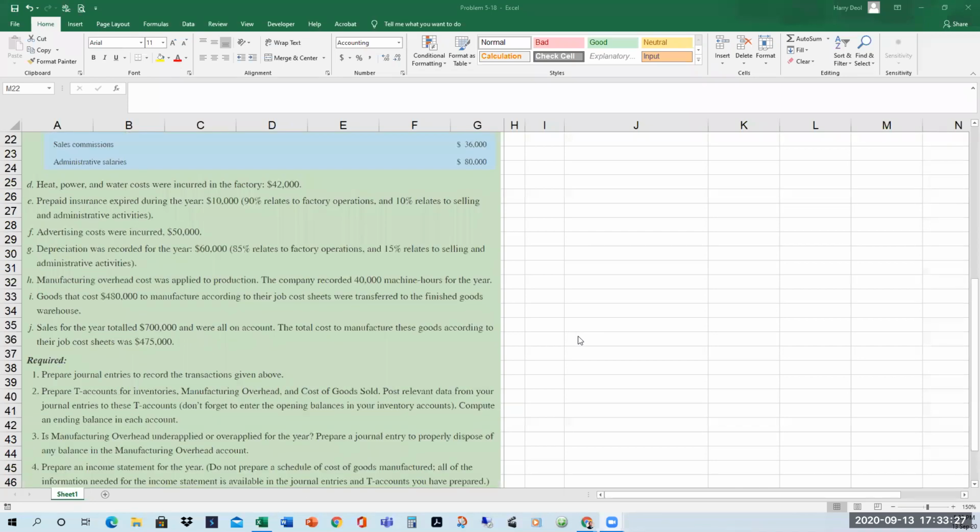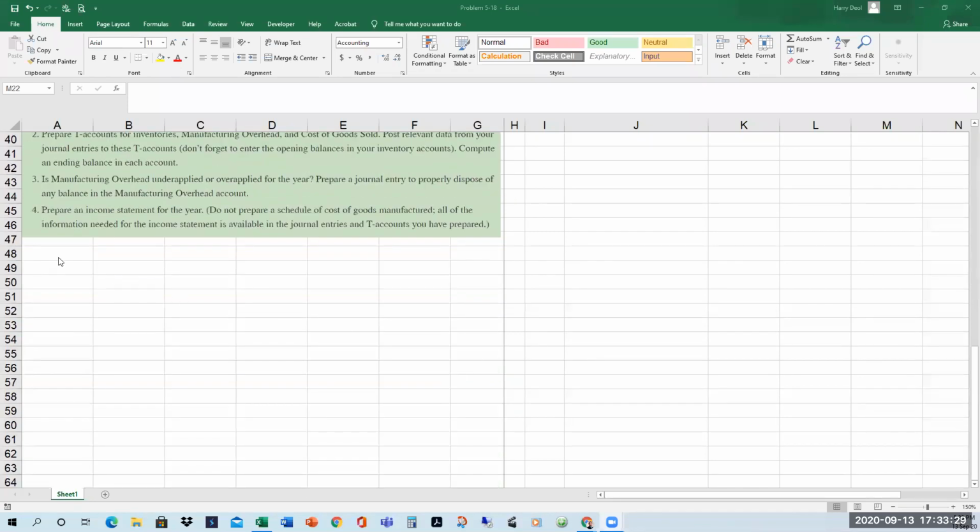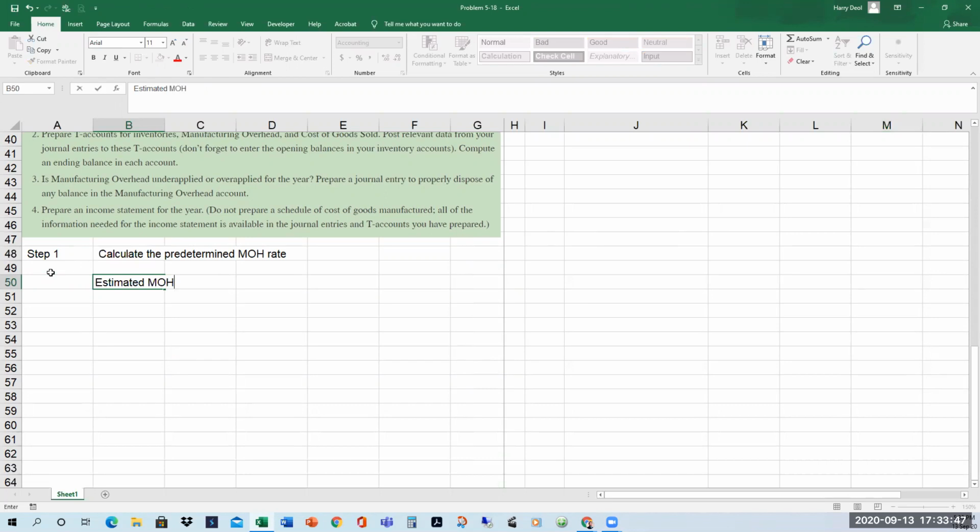So first things first, what we should be doing is to calculate. So step one is always about calculating the predetermined manufacturing overhead rate. So the predetermined manufacturing overhead rate is basically the estimated manufacturing overhead divided by the budgeted.